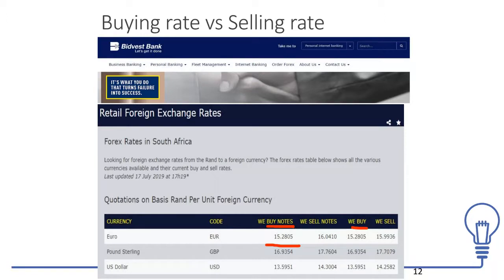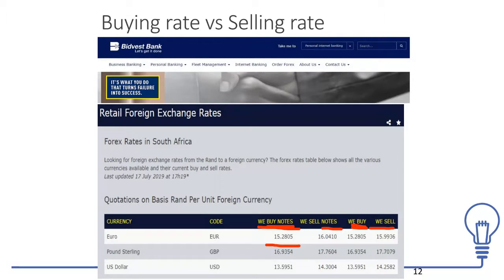Under these last two columns where they say we buy, we sell, they're talking about digital money, so money in the bank account. So when you go to your bank account and you see all those zeros, all of the millions in your bank account, they're talking about that here. But when they say notes, they're talking about the actual hard cash.